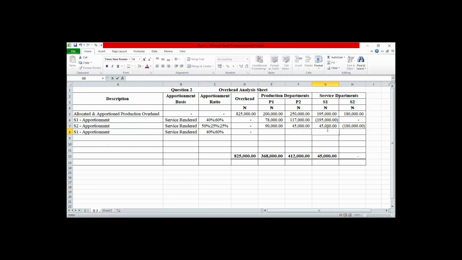So it will be minus 45,000, making it zero. We now come here and share it as 40% times 45,000, then 60% times 45,000. Then here it was 27,000. Okay, that's all.